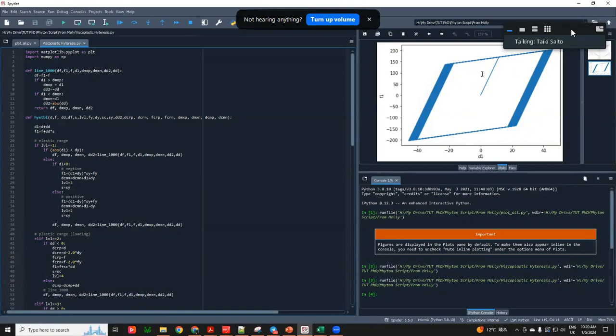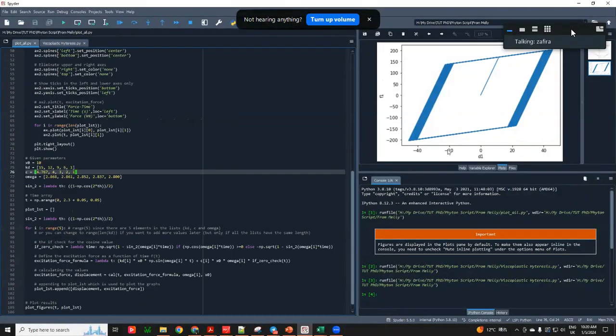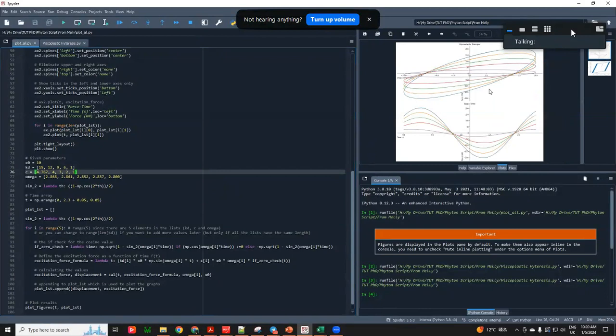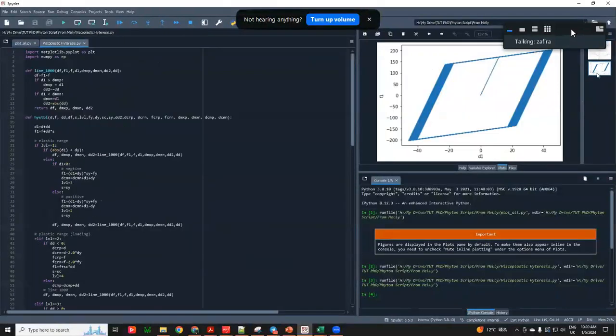Ahmed-san made a program for viscoelastic only. This is the graph, and this is for viscoplastic. I wrote this graph including viscoelastic and the friction damper, right, Sensei? This is only bilinear.